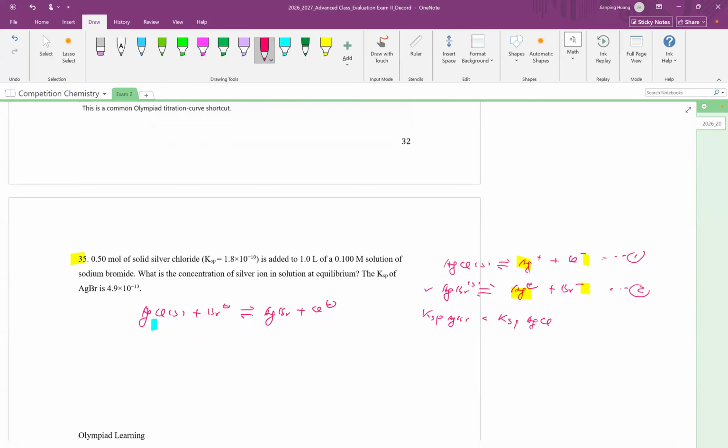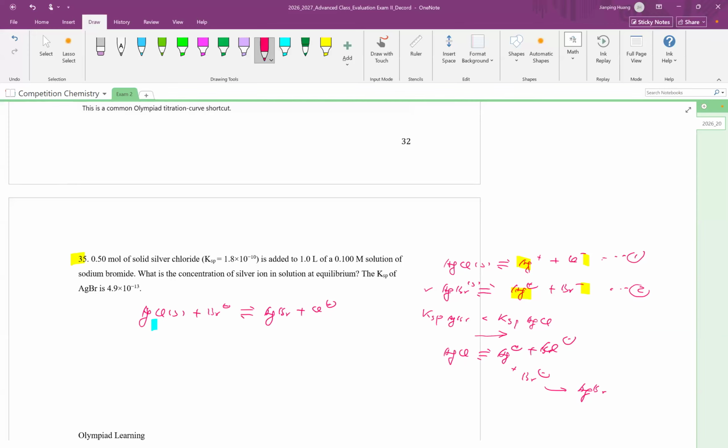You dissociate, let me write it here. Now, in the solution here, Br minus, and that one, so that equilibrium shifts to the right.